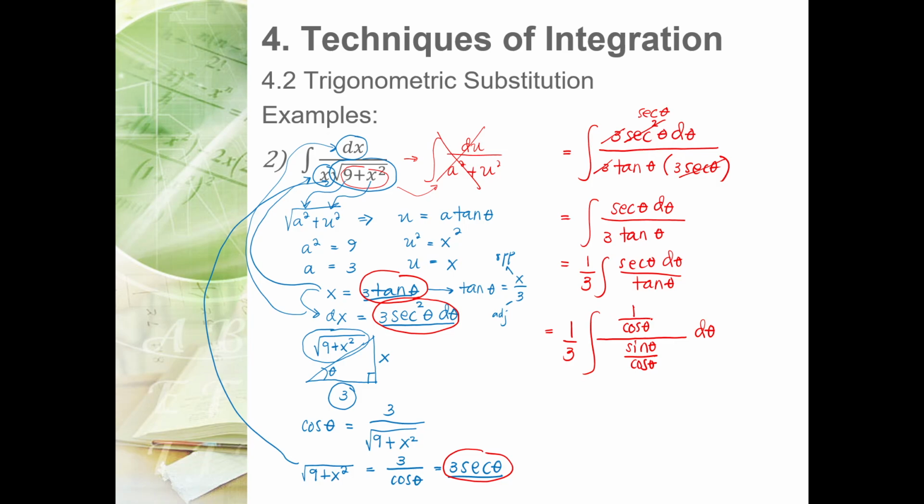We can cancel out one cosine. If you're confused why we can eliminate the cosine theta, try dividing it yourself on an extra sheet of paper to verify that the answer is 1/3 integral of 1 over sine theta d theta, which leads us to 1/3 integral of cosecant theta d theta.